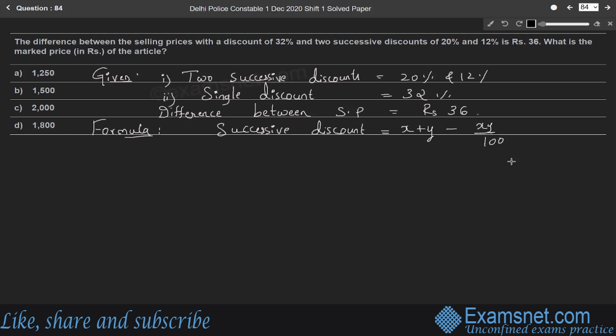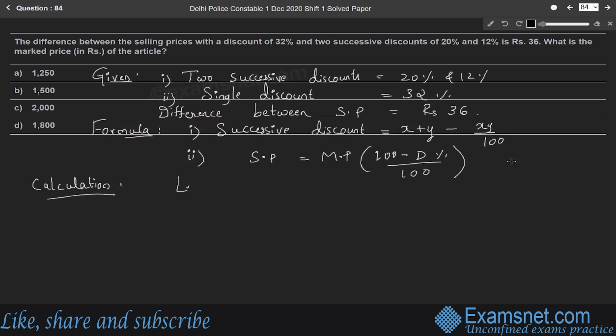One more formula, for selling price: selling price is equal to marked price into 1 minus discount by 100, or we can say marked price into 100 minus discount percentage, all divided by 100. Now the calculation part. Let us assume the marked price of the article is X rupees.